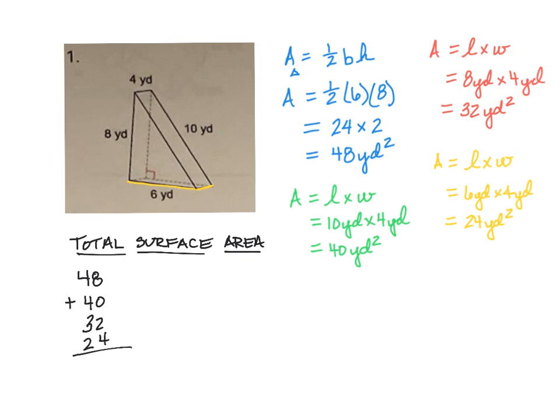If we add that up, 8 plus 2 is 10, and 4 more is 14. Carry your 1, so 9, and 5 is 14. So we're going to get 144 square yards, and that is the final answer for the surface area of this particular prism.